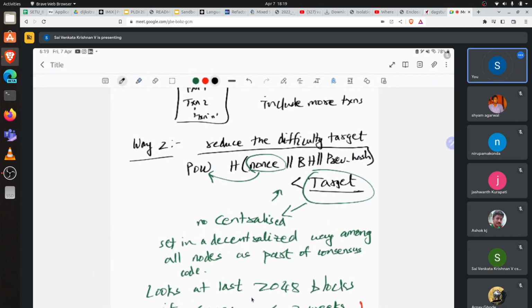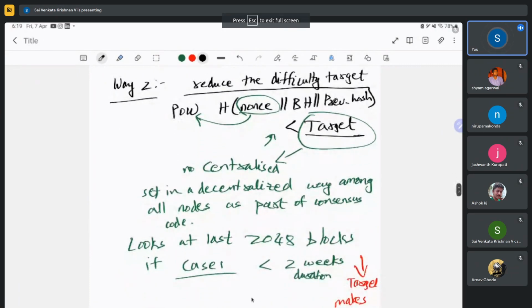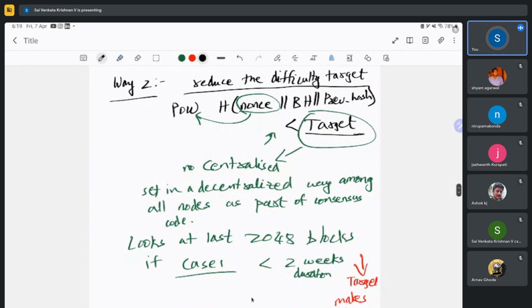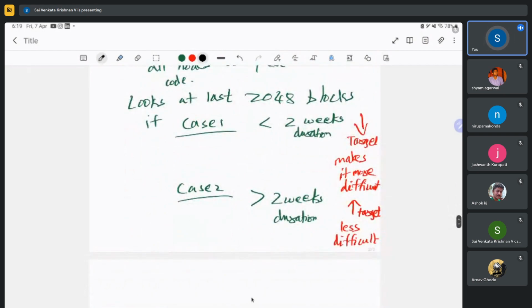By reducing the difficulty target, we basically reduce the time taken for any node to find the nonce that satisfies this condition. So by reducing the difficulty, your block generation is much faster.